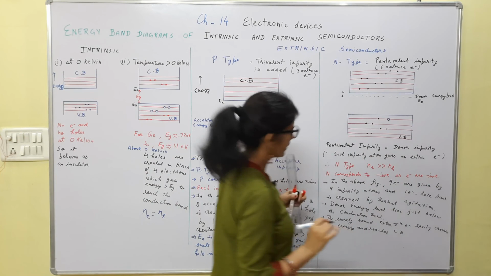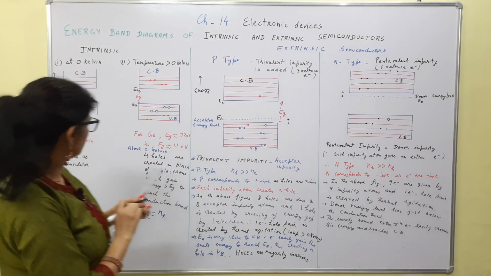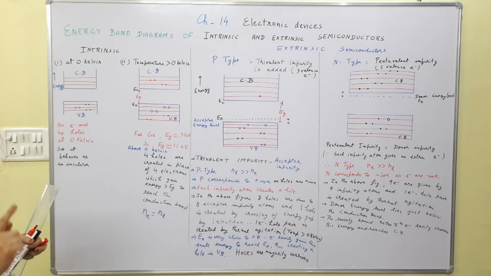So this is the valence band, and we know the meaning of all these terms, conduction band and valence band.